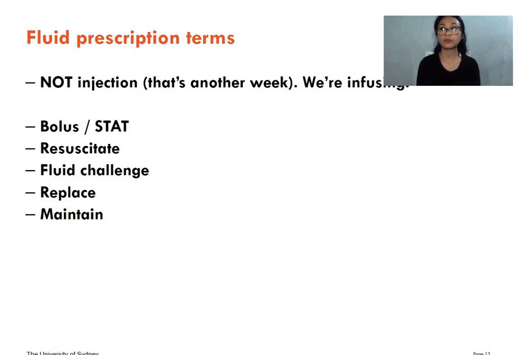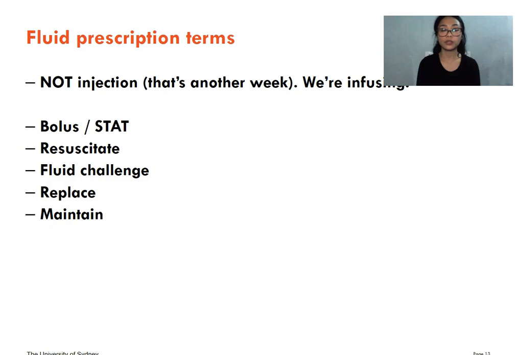Fluid challenge is another type of prescription you might see or hear. This is when IV fluids are administered to see if a patient who is hypotensive is responsive to having that quick infusion of a large amount of fluid. So if a patient is moderately hypotensive and we're presuming that they're underperfused, that patient will receive 250 ml as a bolus, to see if that hypotension is going to be responsive to that fluid.